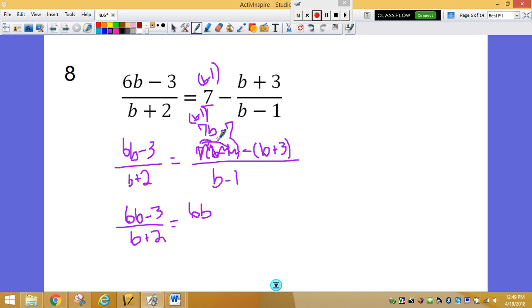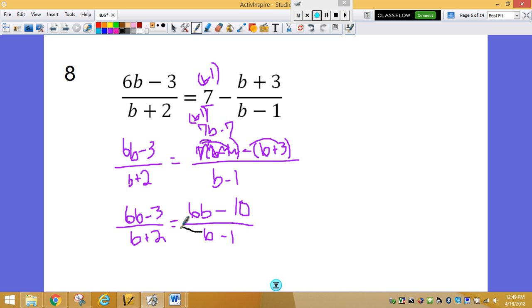This is a negative 7 minus 3. Negative 7. This minus, remember, carries over. So negative 7 minus 3 is negative 10. And then I still have b minus 1 on the bottom. Okay, what's next? Next up, we're going to cross multiply.